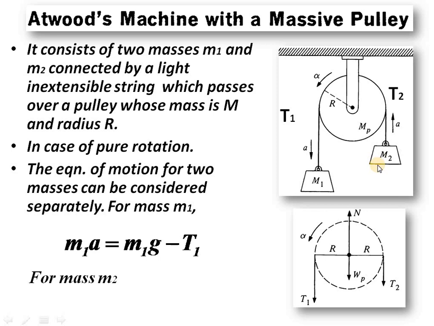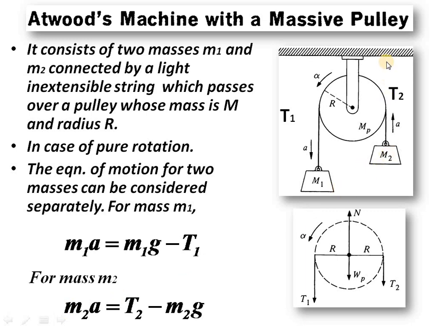Similarly, you can have an equation for the mass M2. There is an M2G acting downward, isn't it? And there is of course a T2 acting. T2 is acting upward, and M2G is acting downward. Since the body is moving upward, let us assume that the force is M2A.